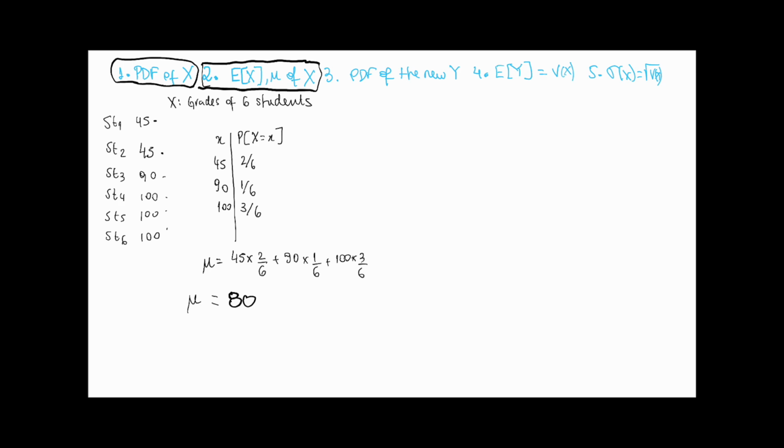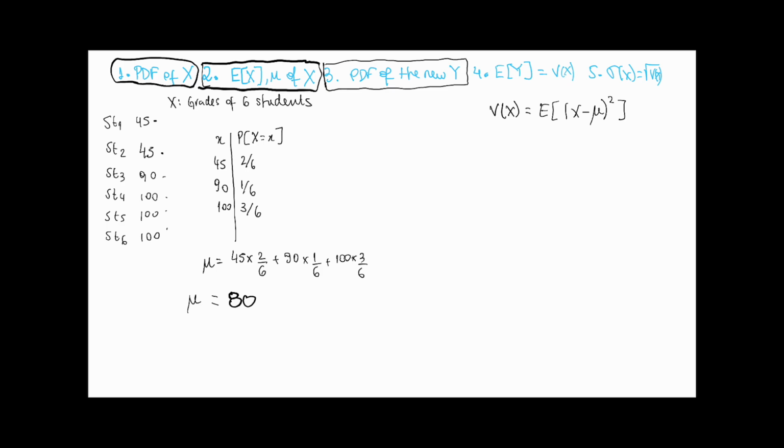Now, let's go to step number 3. Do the PDF of the new variable y. Why is that? Because I know that my variance is the expected value of x minus mu squared.